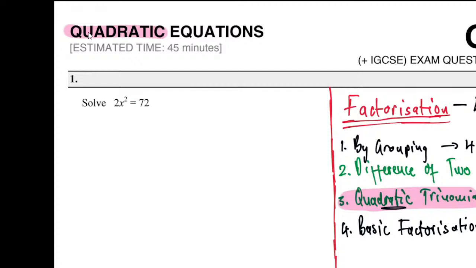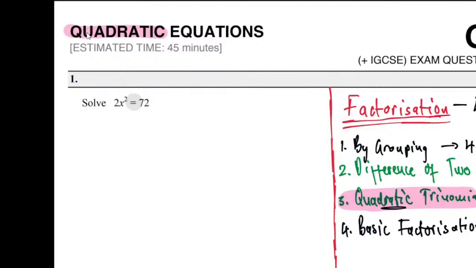So for quadratic, there's an x to the power of 2 somewhere. And if it's an equation, it will have an equal sign somewhere. We don't care where the equal sign is. So a quadratic equation is something with an x squared as the highest power. There's no x cubed, there's x squared and just an x and nothing, or just x squared only, but x squared has to be there. And it has an equal sign, that's why it's an equation. Now, when we're solving this, we always do it by factorization.